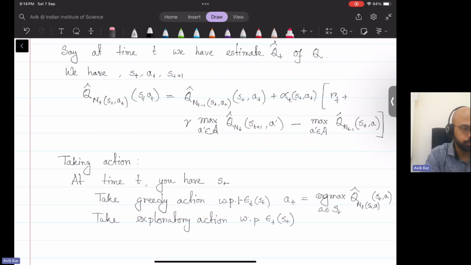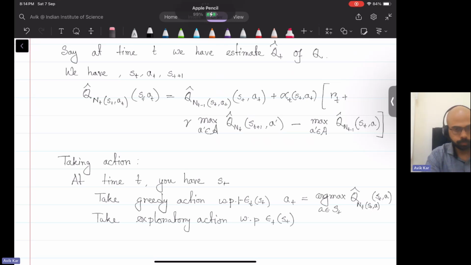So here the difference is, since you have an estimate of the Q function, there is a notion of greedy action. If you have only the estimate of the value function, given that you do not know the reward and transition kernel, you cannot take the greedy action; the word greedy action doesn't make any sense there.